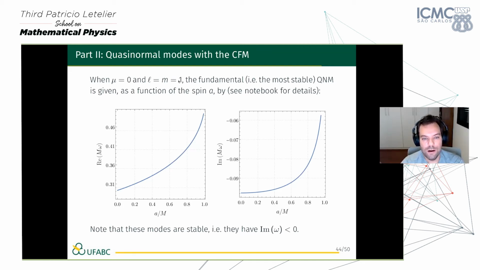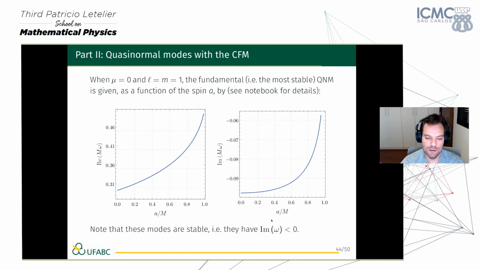L and M are equal to 1, and they are the orbital and azimuthal wave numbers. And we basically change the value of A and compute the real part and the imaginary part of the frequency.